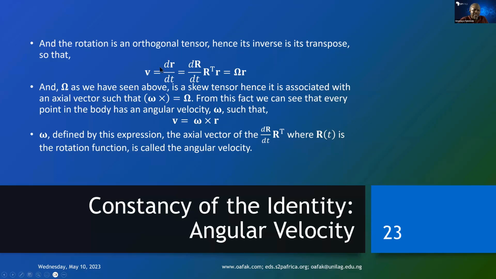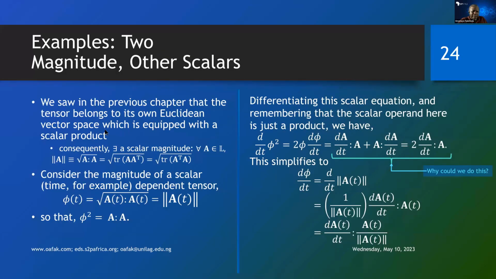The next thing is magnitude. Magnitude of a tensor, we define as the scalar magnitude as the square root of the inner product of the tensor with itself, which is the same as the trace of the tensor multiplied by its transpose. That is what the inner product of the tensor with itself is.